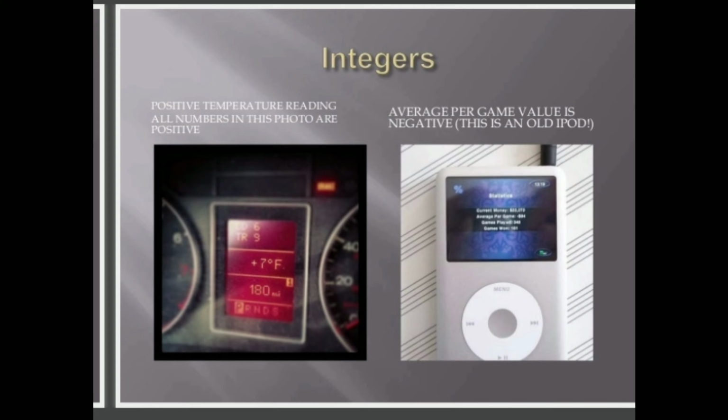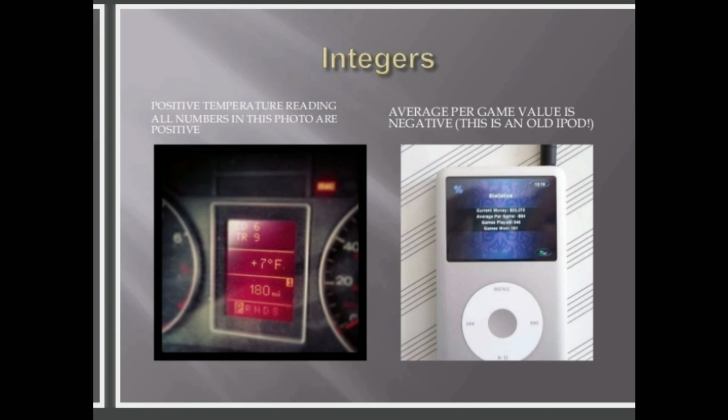So in practical oriented examples here, this temperature instrument has positive values, and next to this temperature diagram we have an iPod which has some negative values here. So in real time we can say positive values and negative values. We can see this type of instruments here, iPod and temperature instrument.